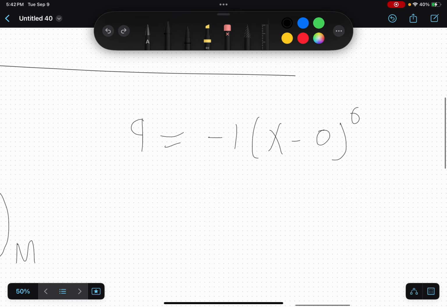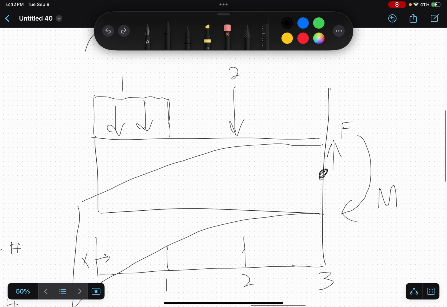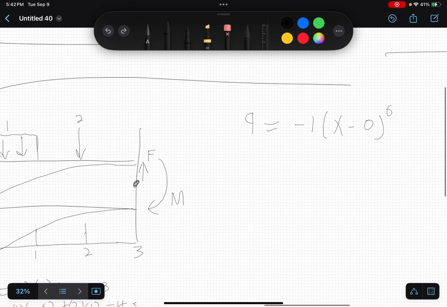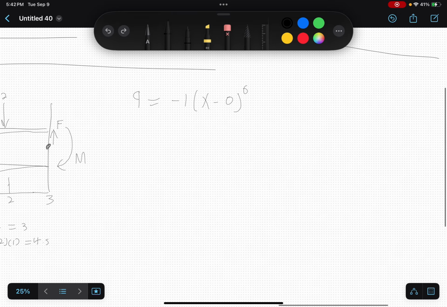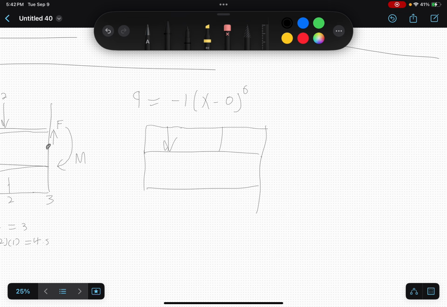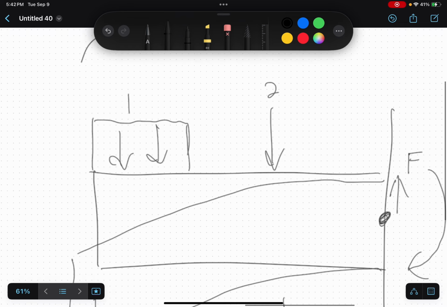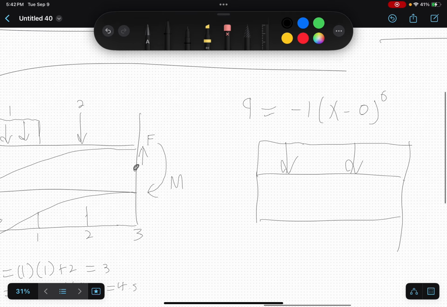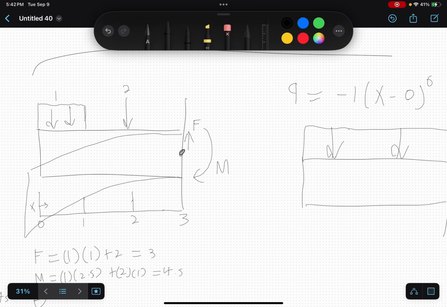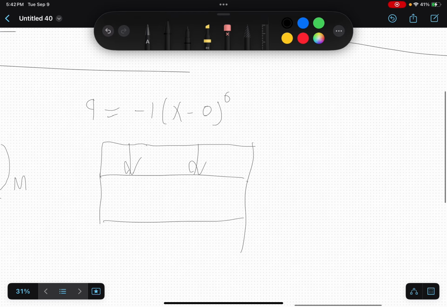So I said that it starts being applied at x equals 0, and the way it's written right now, effectively, it is applied to the whole beam, not just to the first third of the beam. So in order to get a distributed load to be applied only to a certain part of the beam, you have to add a counter distributed load.